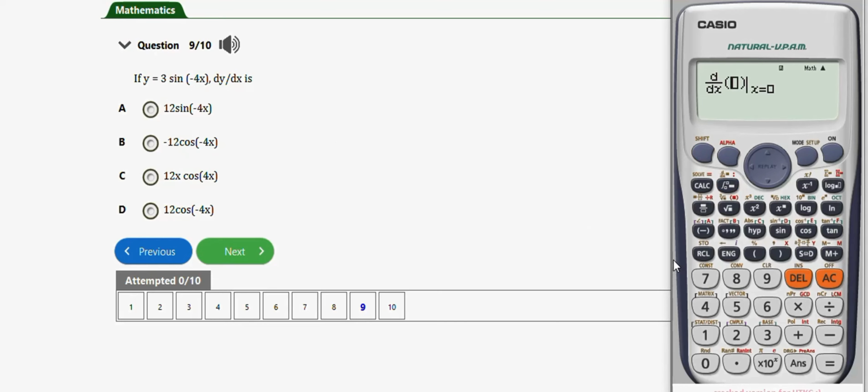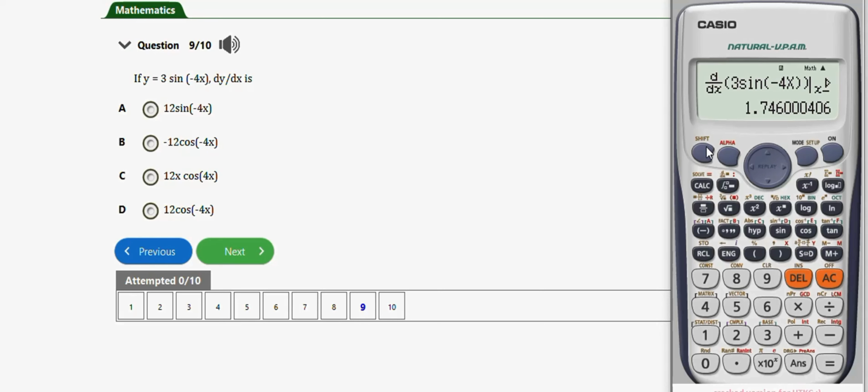So the question we have 3 sine in bracket minus 4x. So that's it. Balance the bracket. We have 2 at the left, 1 on the right, and extra 1 here. So now balance. Come to this place and put the 2 is stored. So that's it.